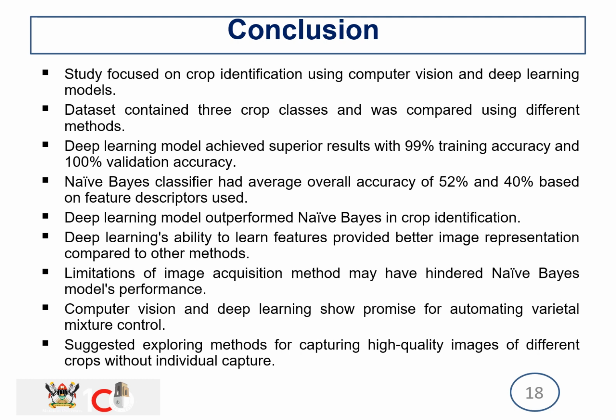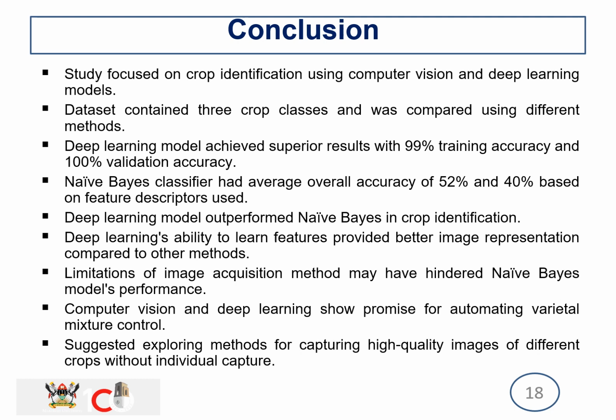The naive Bayes got 52% and 40% overall, based on the feature descriptors, which are SIFT and ORB. So the deep learning model outperformed the naive Bayes in identifying the crops. The deep learning's ability to learn features provided better image representation compared to the other model.